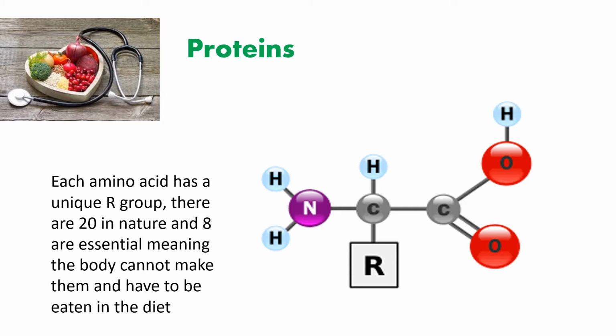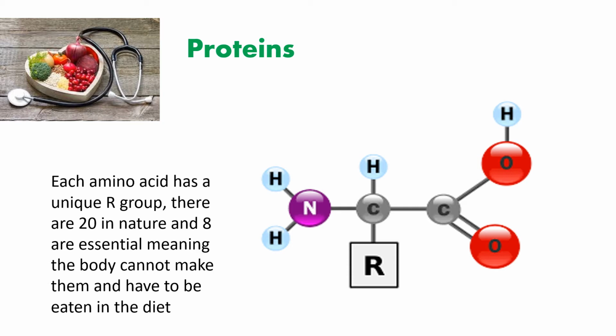What's different between amino acids is the R group. There are 20 amino acids in nature, and 8 of them are essential, which means that the body cannot build this molecule. You have to eat this in the diet. Again, the only difference between the amino acids is this R group.